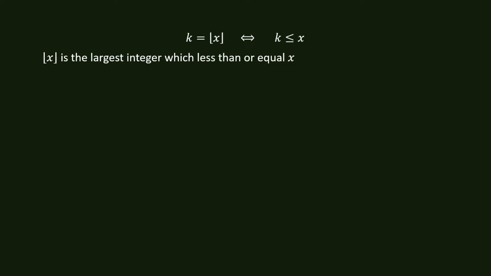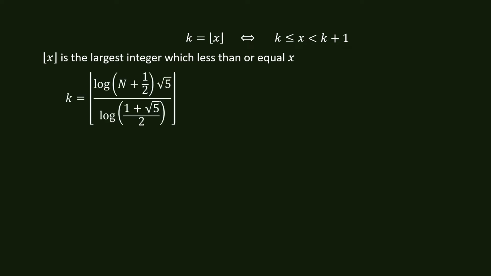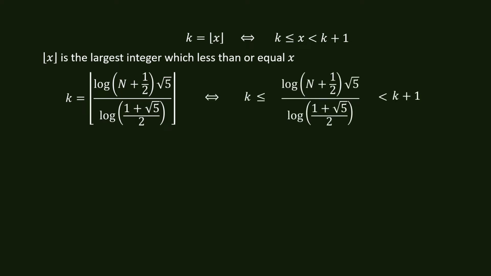Since k is the largest, we have k plus 1 is greater than x. So, if we want to prove k is equal to the floor value of this logarithm quantity, we need to prove the logarithm quantity is between k and k plus 1.